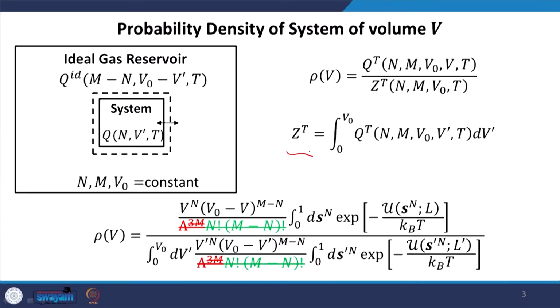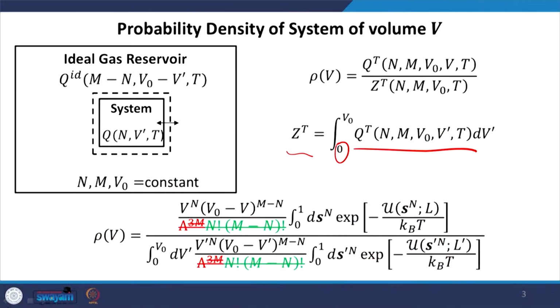So, in that case, whatever canonical partition function we had for a constant volume, we have to integrate over all the possible volume of the system, and this is what is given by ZT there. That is, I can imagine any volume V prime for the system in the range 0 to V naught, because V naught is the total volume of system plus reservoir.